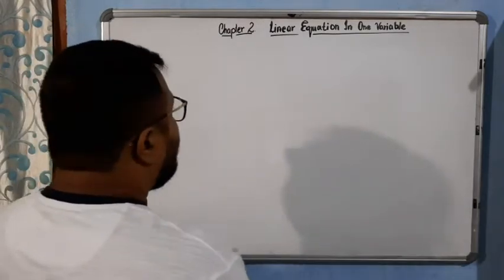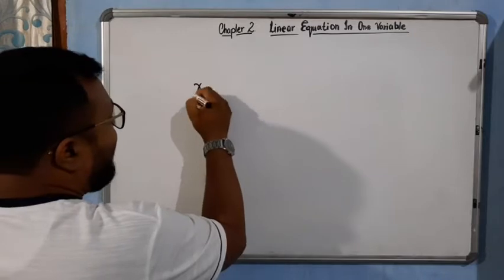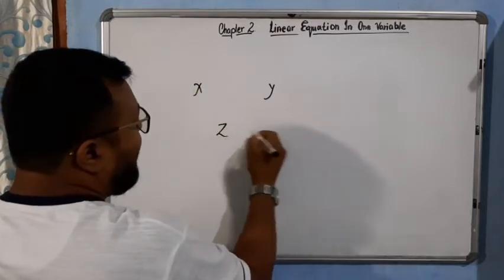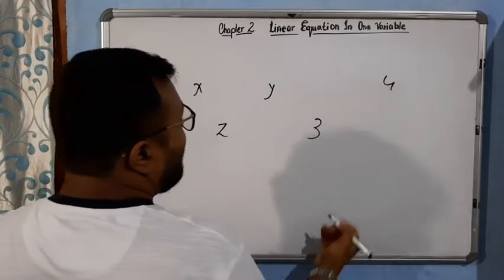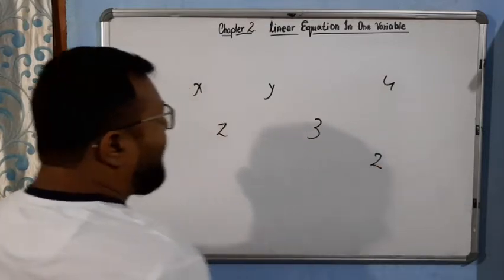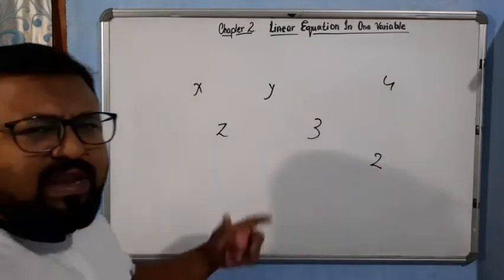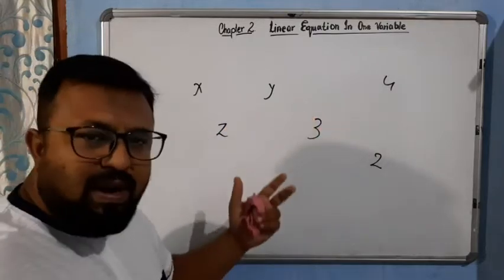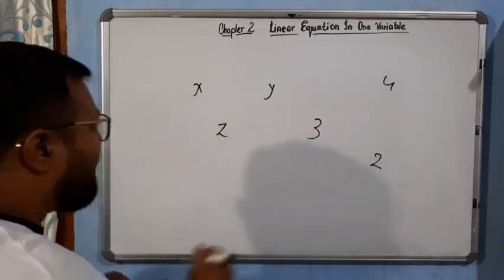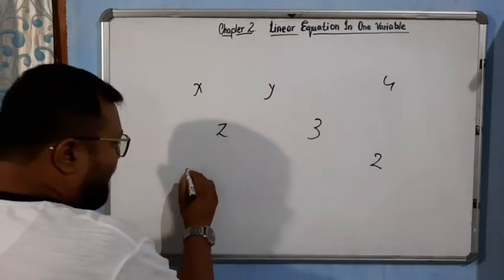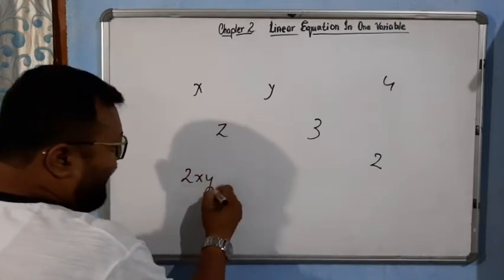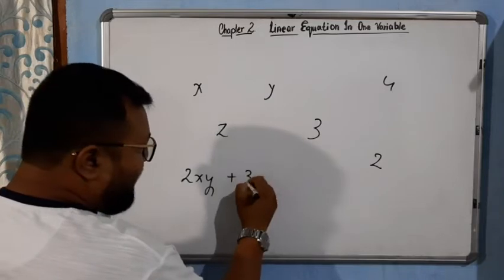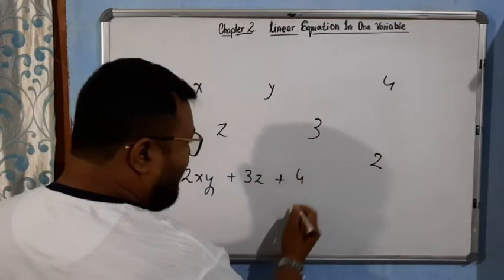See first. Suppose let me write x, y, z, 3, 4, 2. If I write like this, it doesn't make any sense. Here x, here y, here z, 3, 2, 4 like this. But if I assemble these things, suppose 2xy plus 3z plus 4.